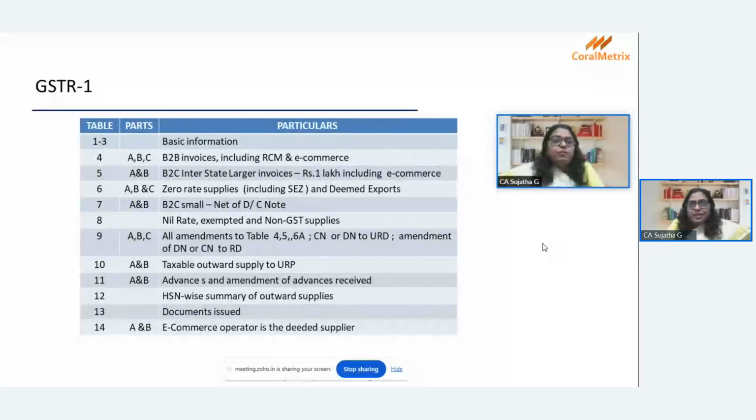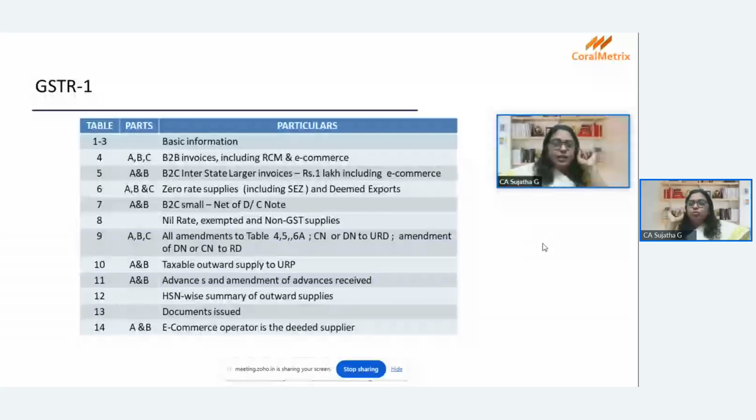For taxpayers who are doing e-invoicing, it's very easy because there is an option for downloading your invoices with the HSN. So what you need to do is just pull that out, summarize it, and then incorporate it here. Whereas other taxpayers have to maintain an HSN-wise summary.